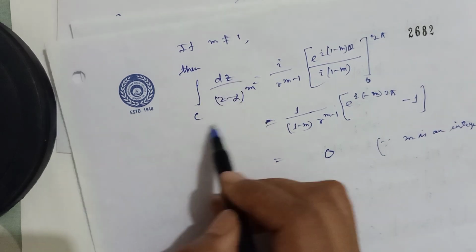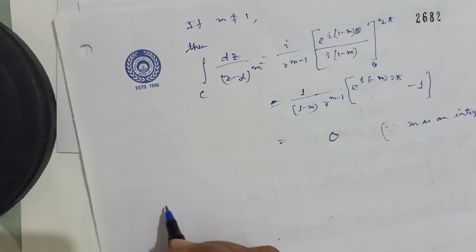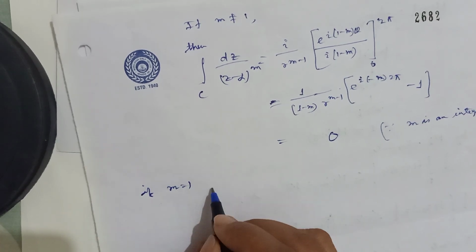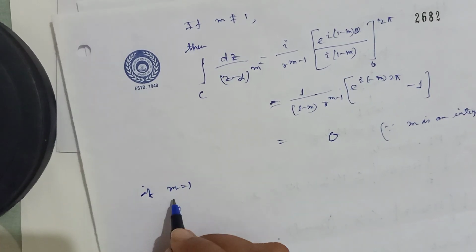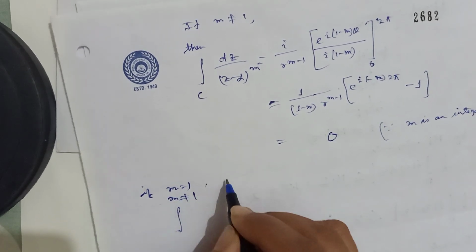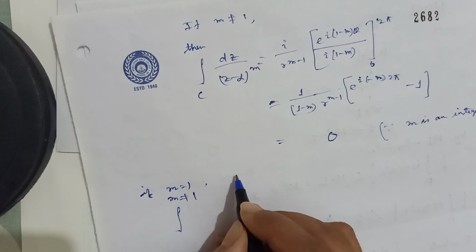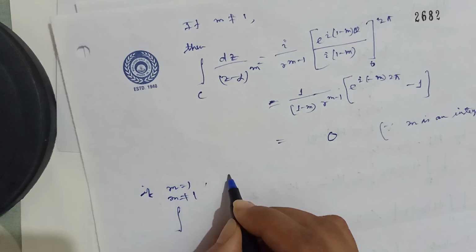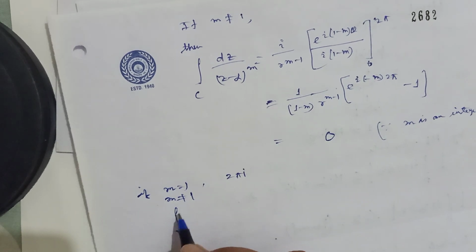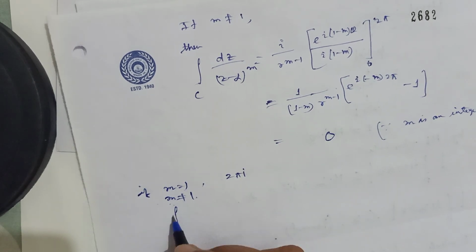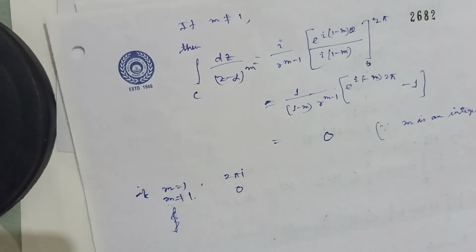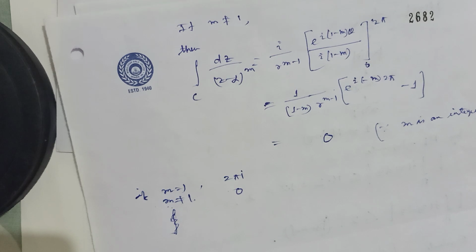So when m equals 1, the integration equals 2 pi i, and when m not equal to 1, the integration is 0.